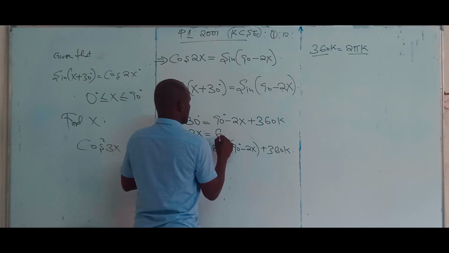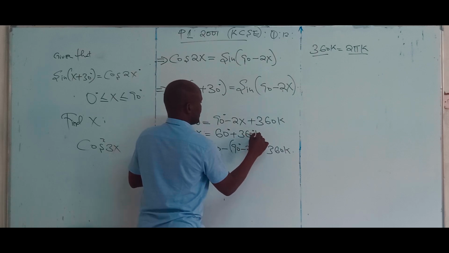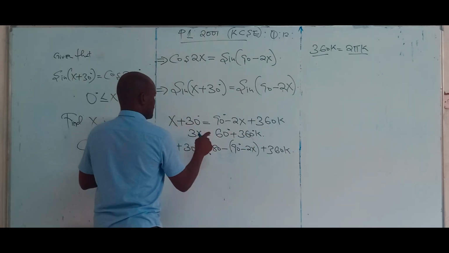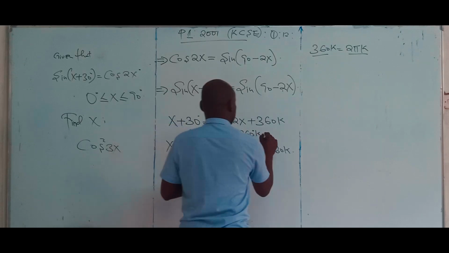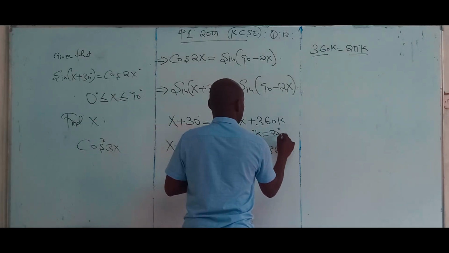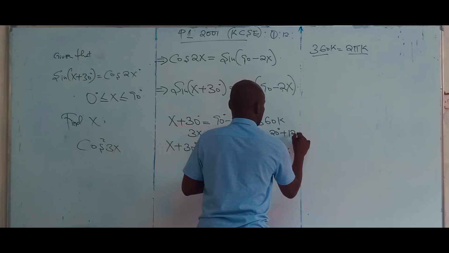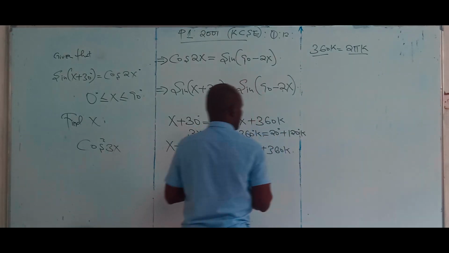So 3x is 60 degrees plus 360 degrees K, which can be simplified as x equals 20 degrees plus 120 degrees K.